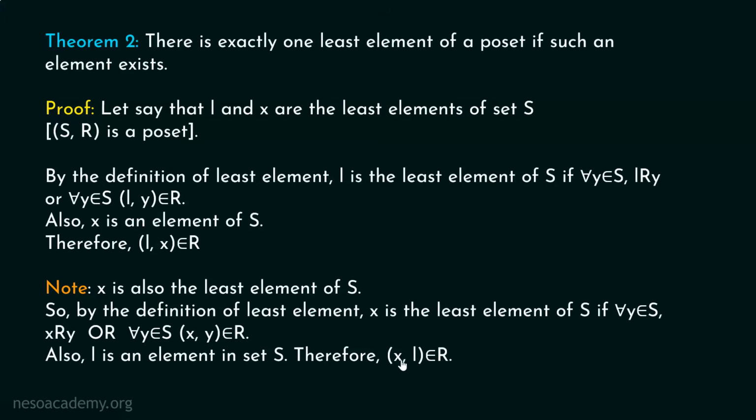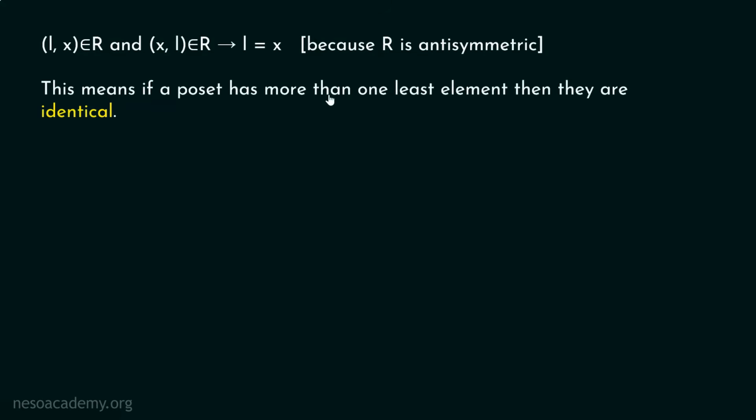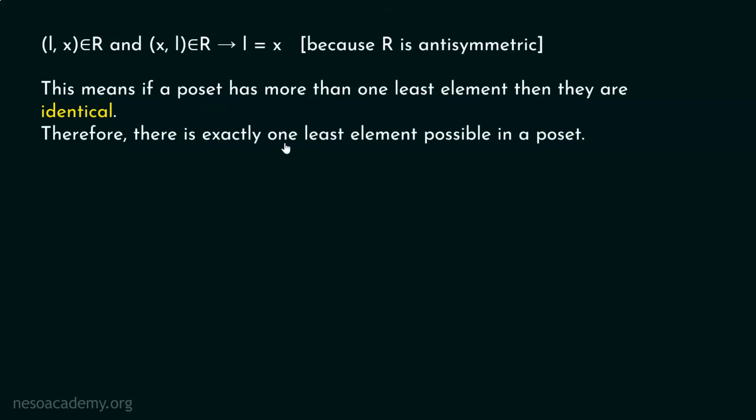This is the result so obtained: (X, L) belongs to R. We know that (L, X) belongs to R and (X, L) belongs to R. Therefore, L must be equal to X because R is antisymmetric, right? This means if a poset has more than one least element, then they are identical. Therefore, there is exactly one least element possible in a poset.